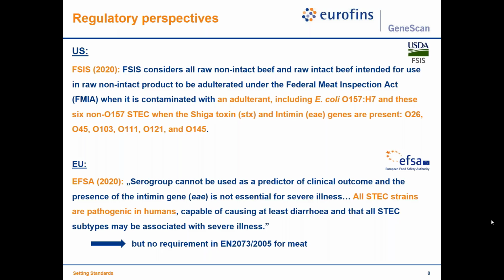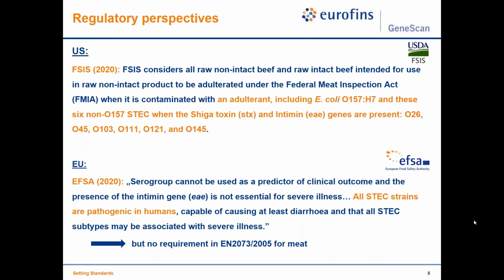It's the O157:H7 that is declared as an adulterant, as well as 6 non-O157 STECs, which have an stx gene and an eae gene. Sorry. So both of these genes need to be present, as well as the serotype.